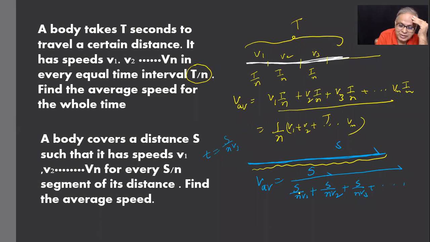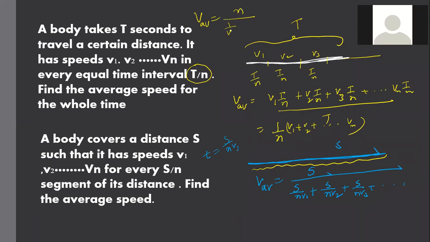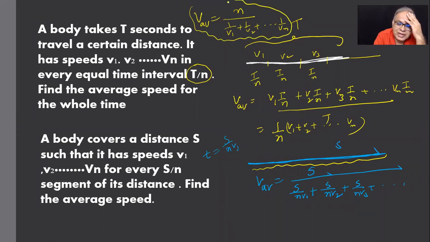So what will be this? S is cancelling. V average, N will go up. Sir, n will go to the numerator. We'll get n by 1 by v1 plus 1 by v2, and so on. But if we try to simplify, it will be complicated, sir. So no, we can just leave it. We can apply it in case, say, first half of the distance.